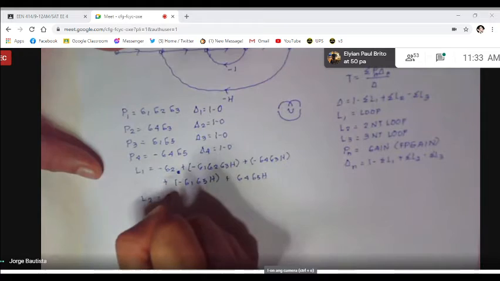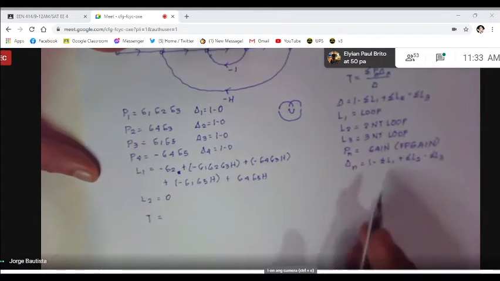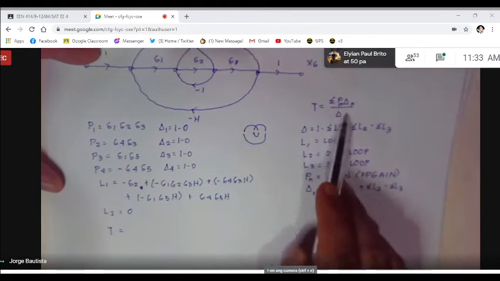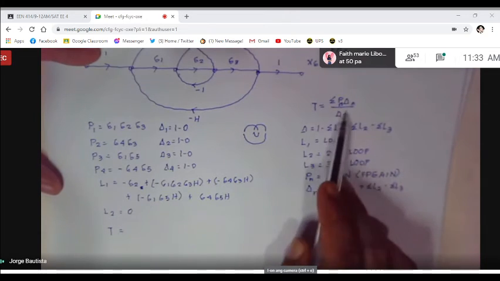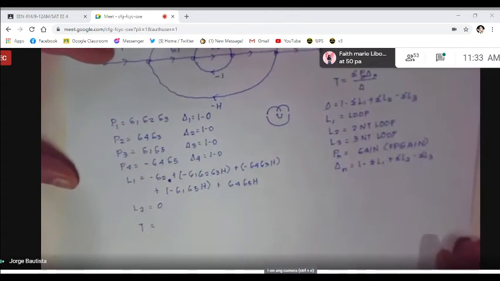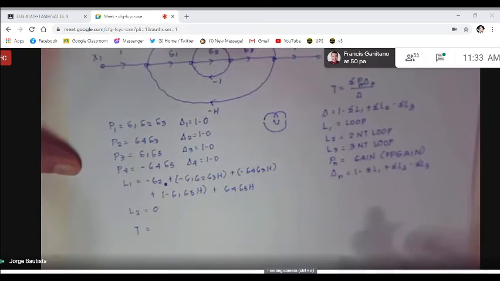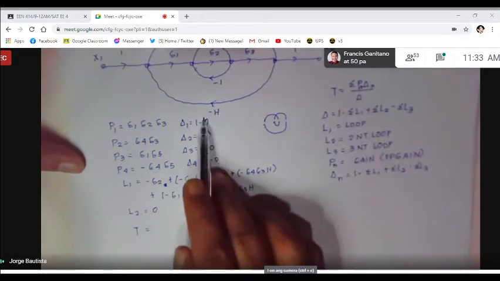So the transfer function is the summation of Pn delta n. This is Mason's formula. It is a summation, so you just add, then multiply the delta, which is all 1 anyway.